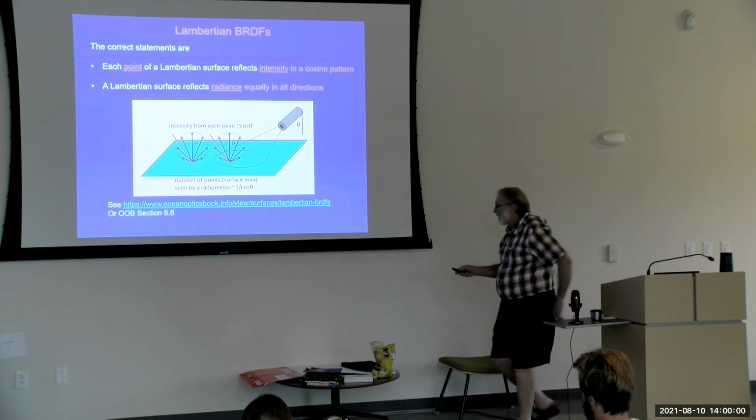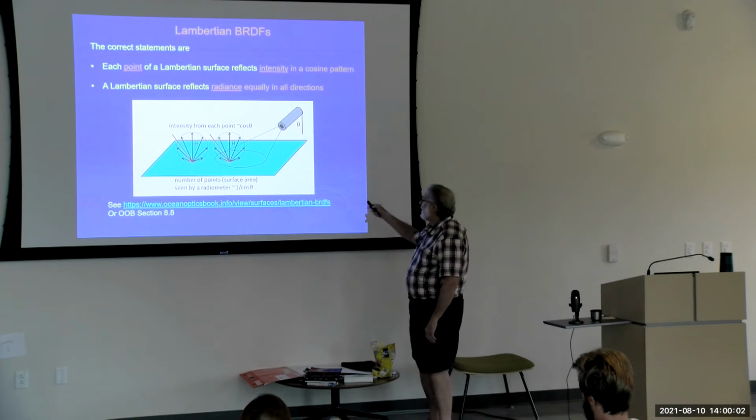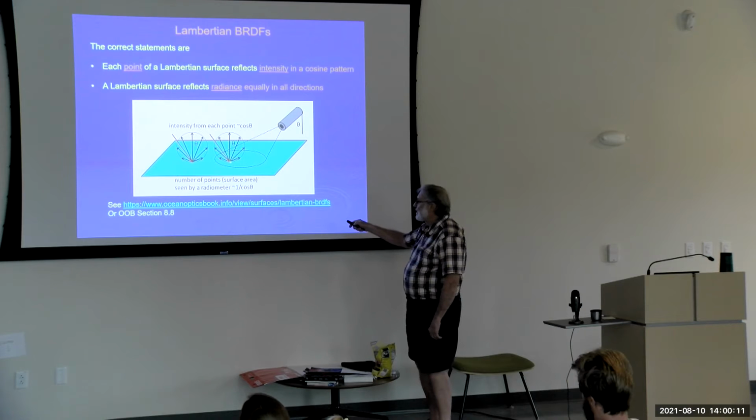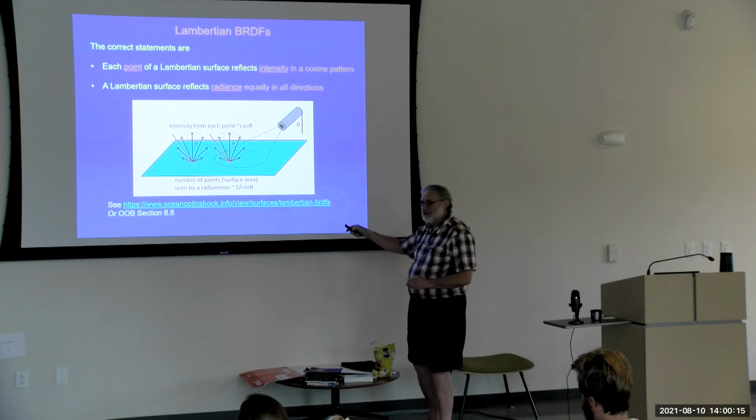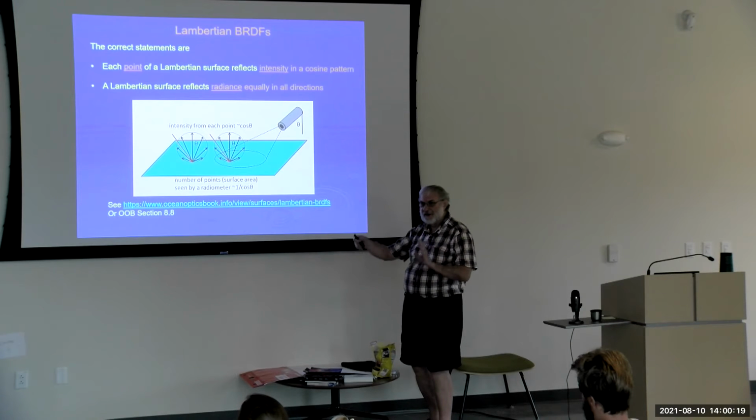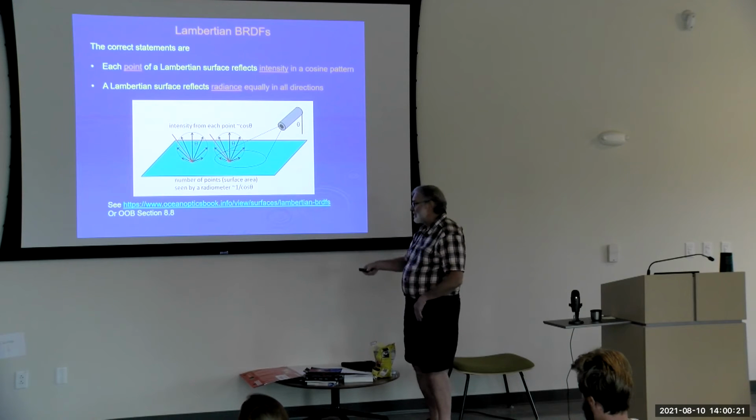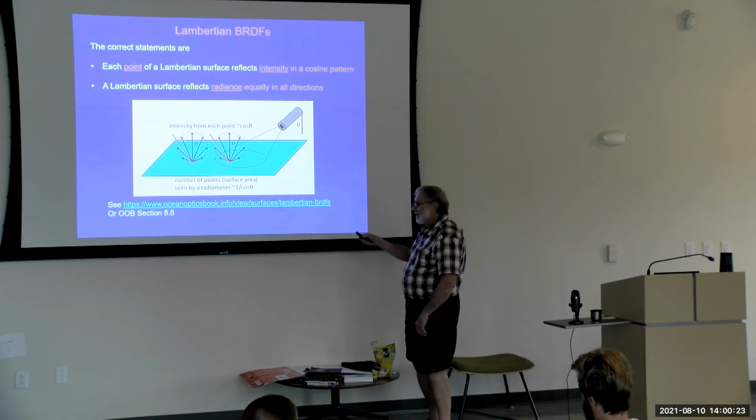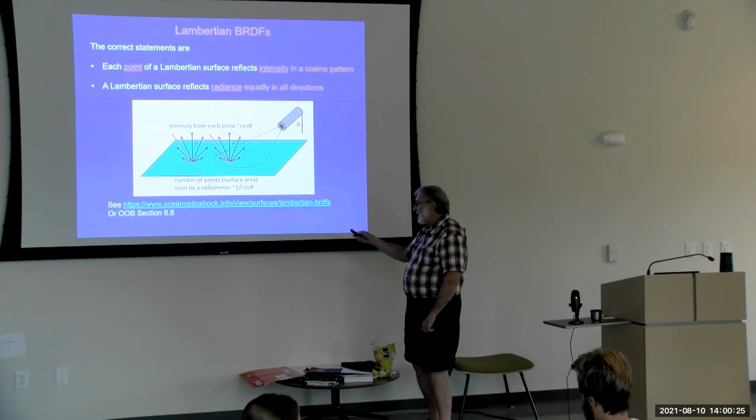So what's going on is I've got a radiometer, and I'm looking at the surface at some viewing angle theta. A particular point on the surface is reflecting light in this cosine pattern, but the light is being described by the intensity, not by irradiance or radiance. It's reflecting power per unit solid angle.